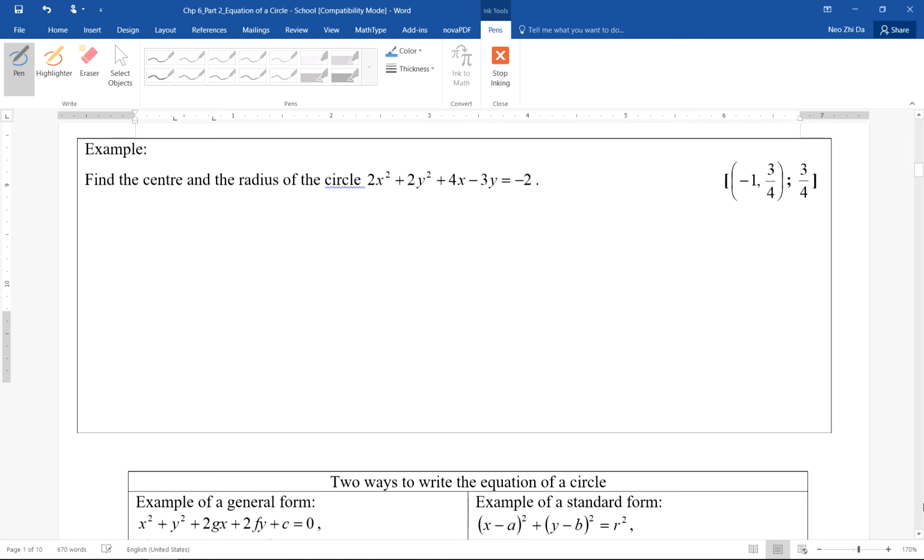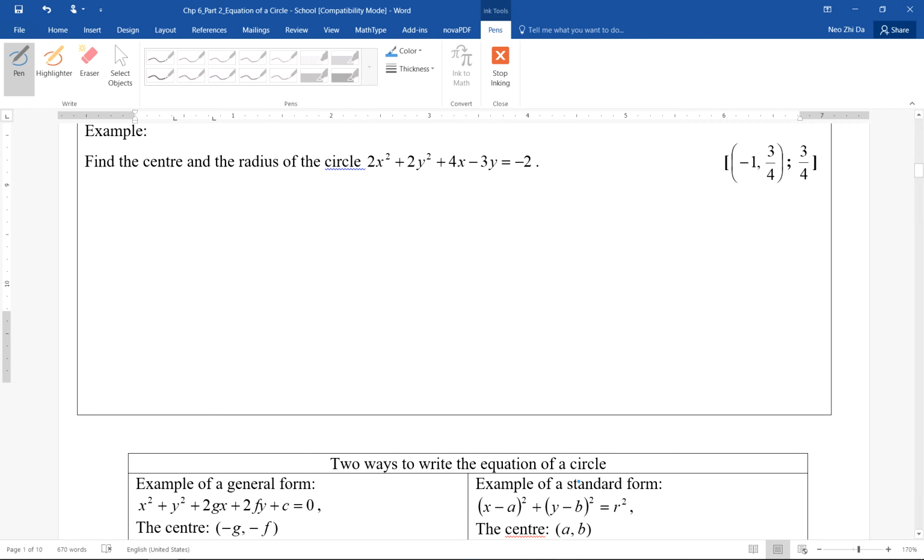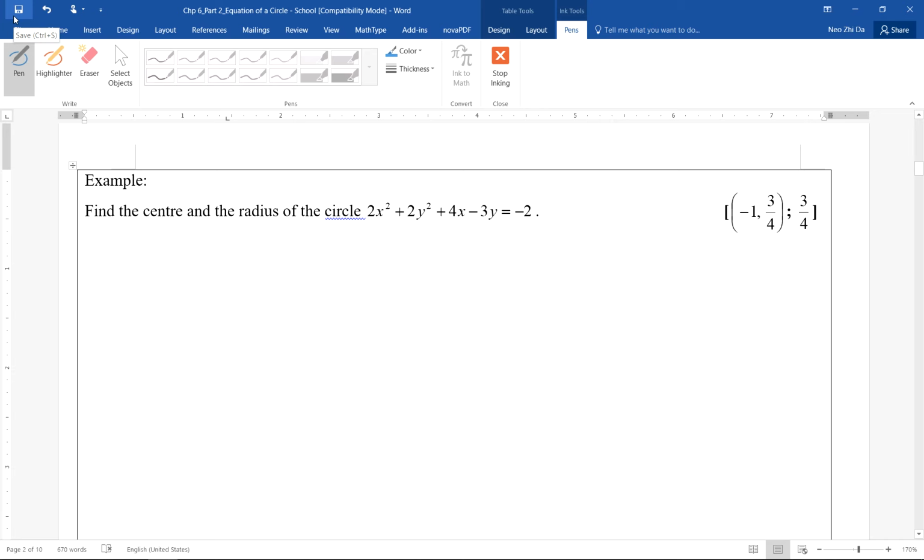Okay, first and foremost. Alright, so I'm going to convert this general form to a standard form, then I will identify the answer. 2x squared. Okay, I know that I cannot have a coefficient 2. So what I am going to do is divide by 2 throughout. Then I'm going to do grouping.